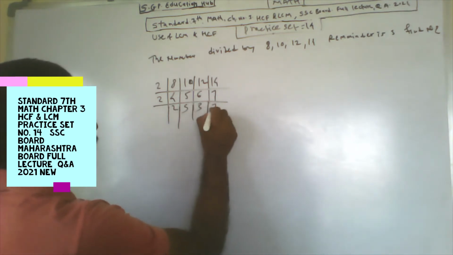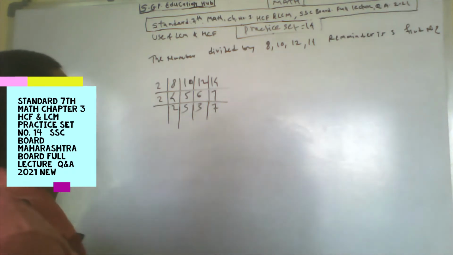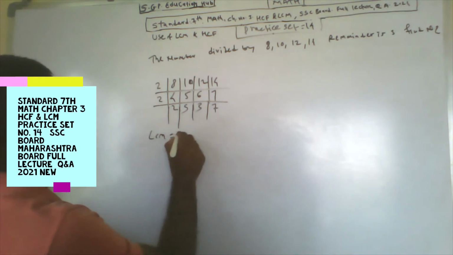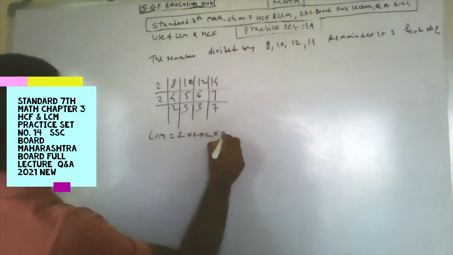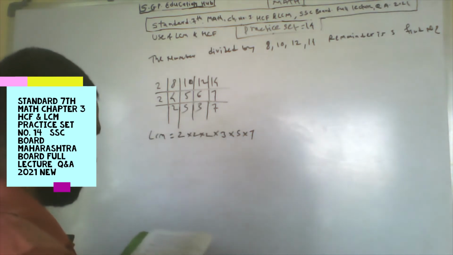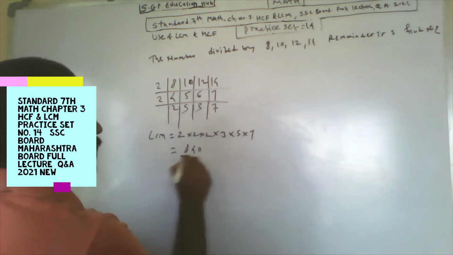Now 5 and 7. These numbers can't be divided by any other number, so we take out the LCM. 2 into 2 into 2, 3 times 2 and 1 time 3, 1 time 5 and 1 time 7. The answer is 840.